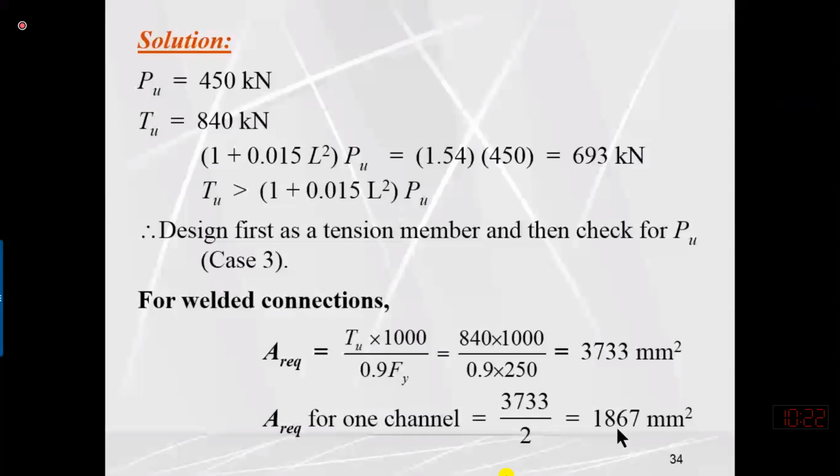On page number 67, if you have the LRFD manual with you at the moment, please open it. MC 310 into 15.8 has area 2000, which is more than 1867. All the sections above have very large area, so I will not select those. So the first trial section may be MC 310 into 15.8.